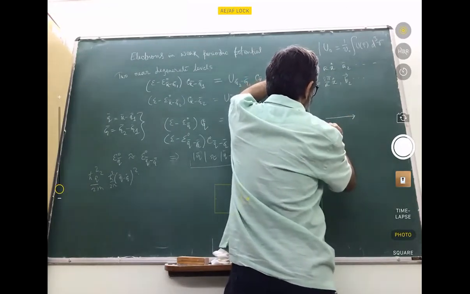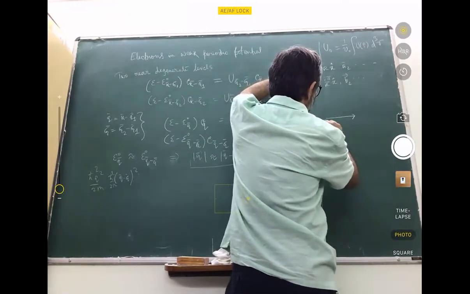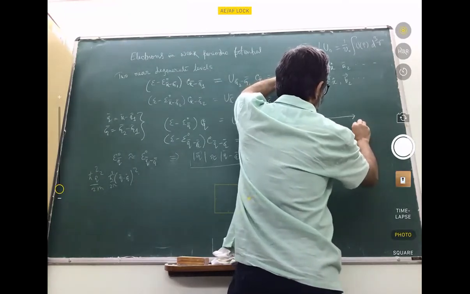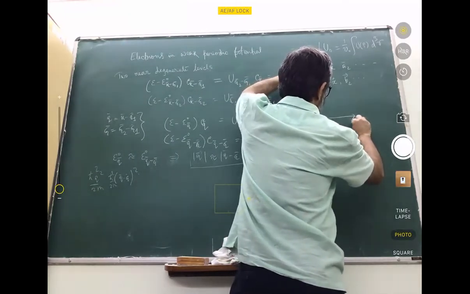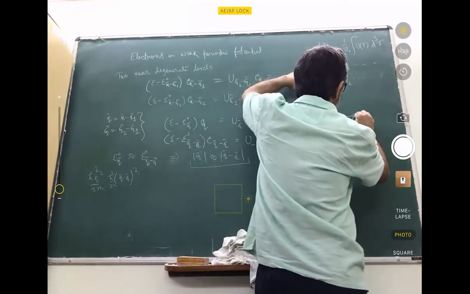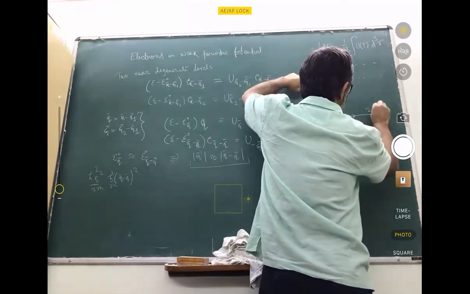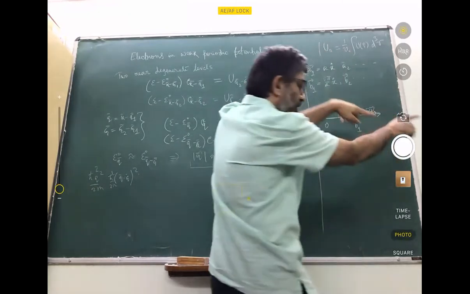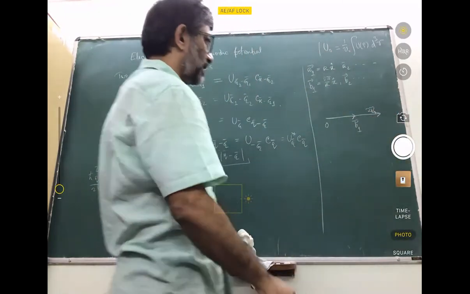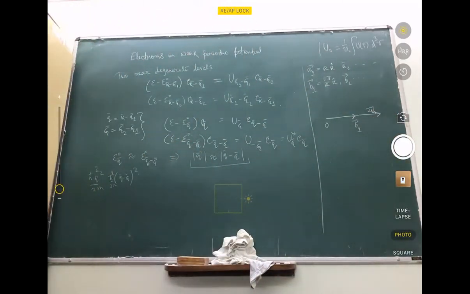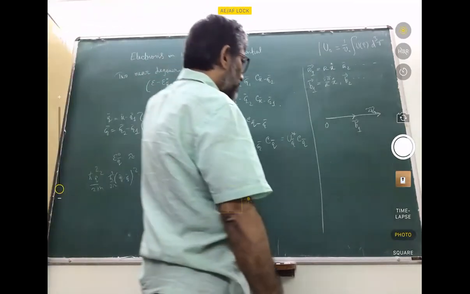So this is the reciprocal space, this is 0, and this is, let's say, the B1 vector. If this is B1, this will be the 2B1 vector, and so on. Similarly, on this side, I'll have minus B1 and minus 2B1 and so on. So these are the reciprocal lattice vectors.